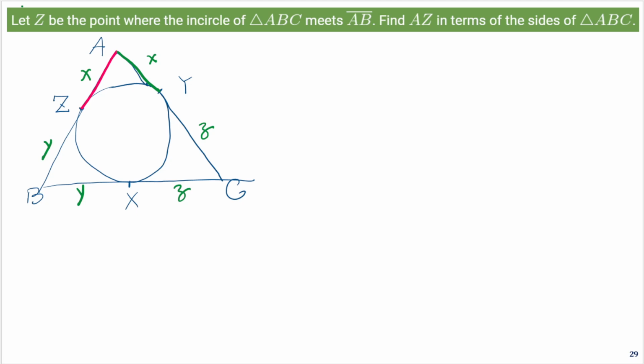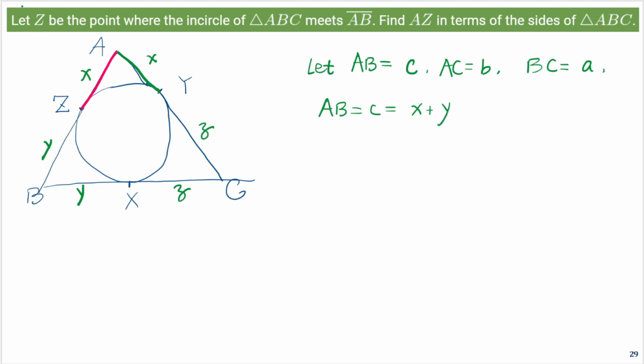Then we want to relate X to the sides of the triangle. So we write the sides of the triangle in terms of X, Y, and Z. We let AB equal C, AC equal B, and BC equal A. Then we have AB equals C equals X plus Y, right?